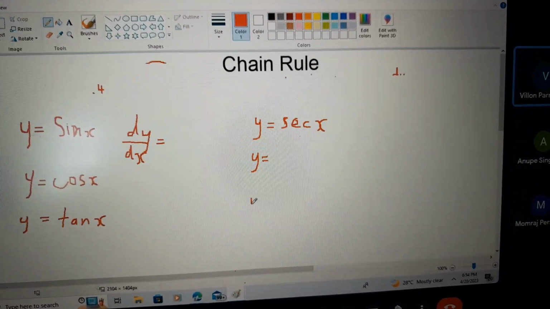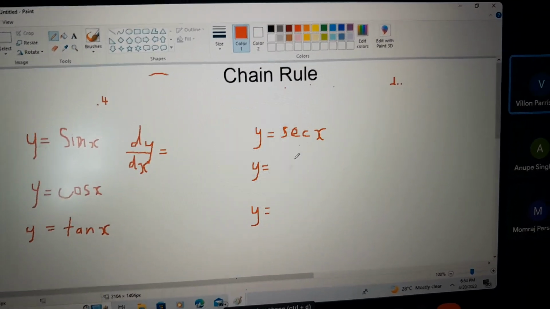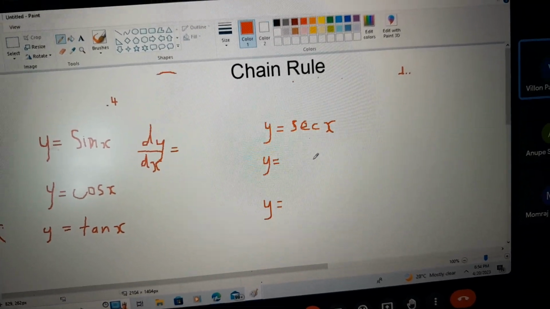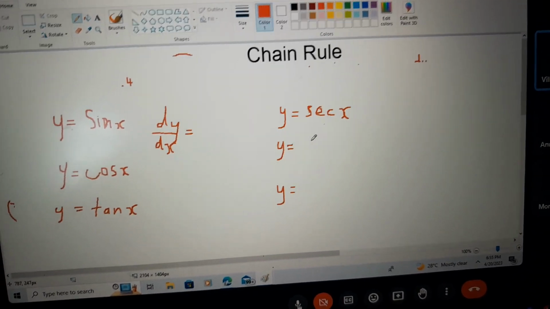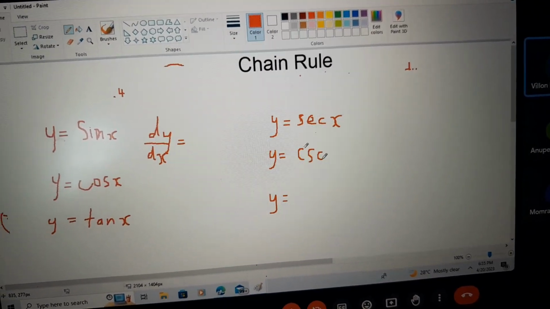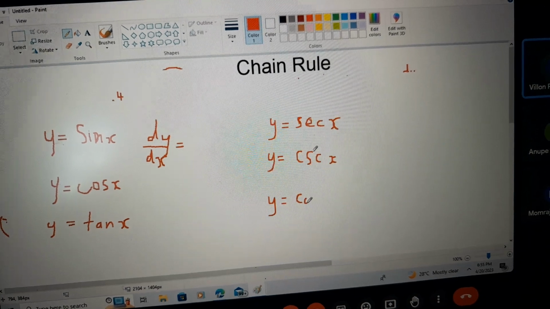Let me see if you know them. We have two more. So cosecant? Yeah, cosecant. We usually use CSC for that. And we have cot or cotangent.